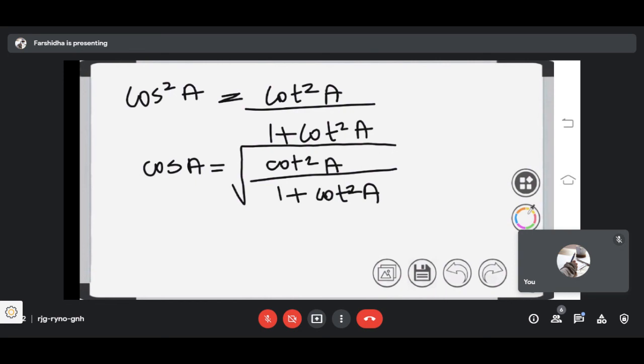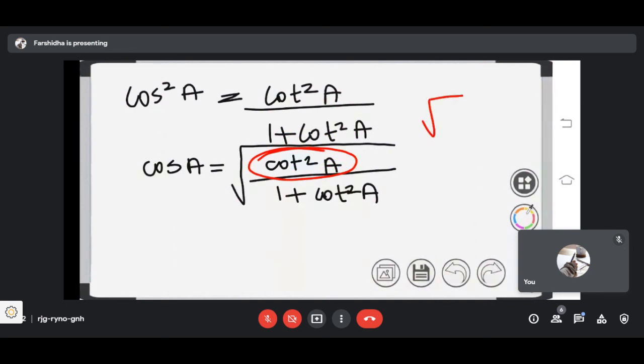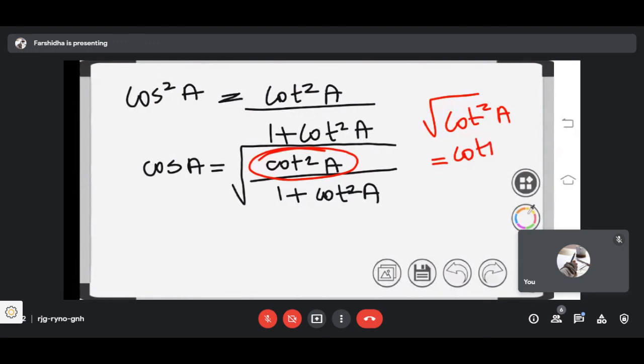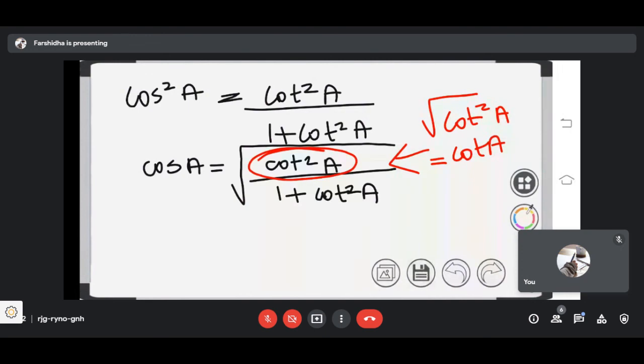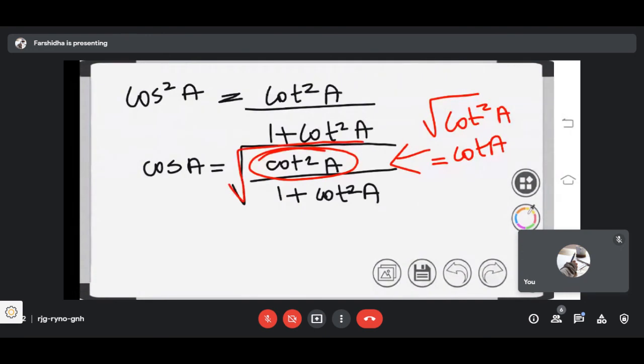So what is the root of cot square A? Root of cot square A is cot A. So I am replacing this one as cot A. This root will be given to both numerator and denominator.